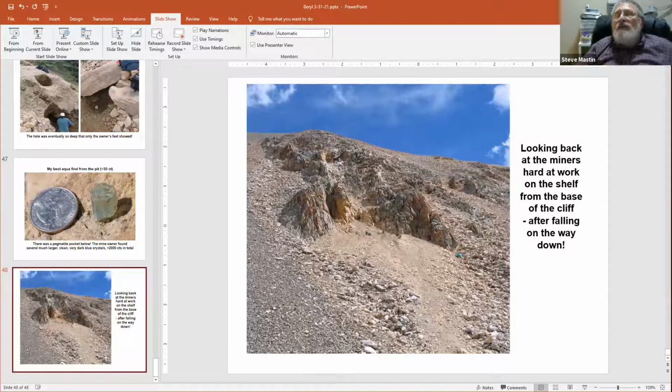Now that you've got this background on silicate gems and where they come from, I have some pretty much prepared gem talks about other gem minerals like zircon or tourmaline or garnet.